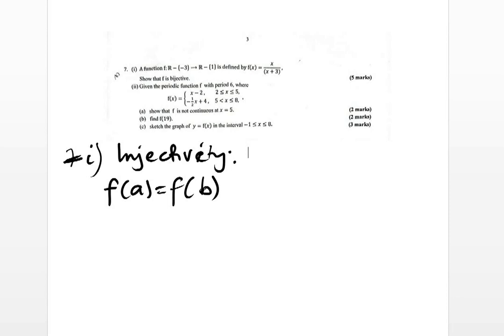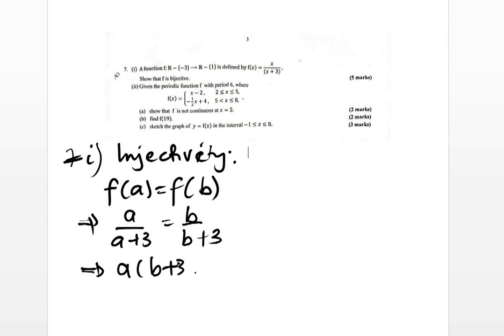So we assume f of A equals f of B. The function is x over x plus 3, so we have A over A plus 3 equals B over B plus 3. Cross multiplying, we get A times (B plus 3) equals B times (A plus 3).